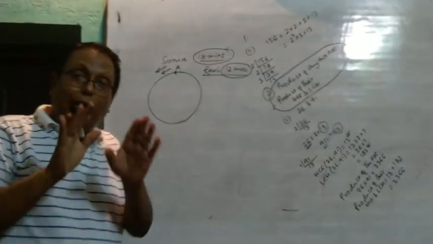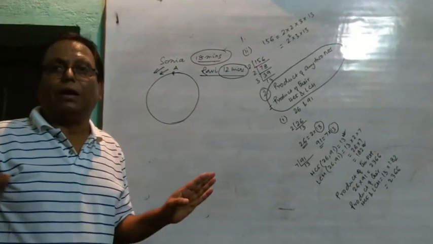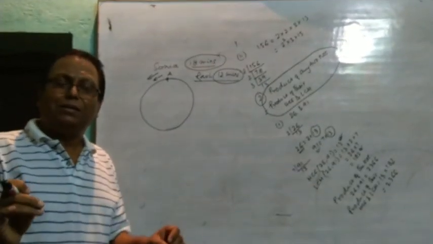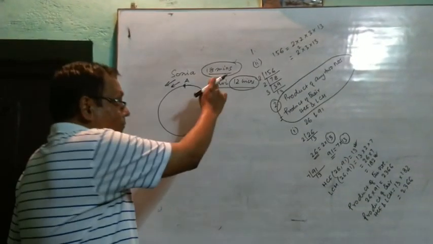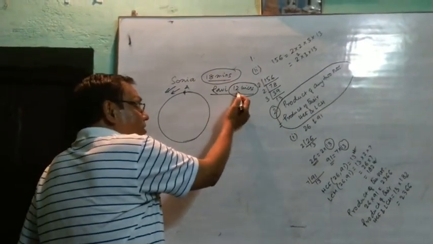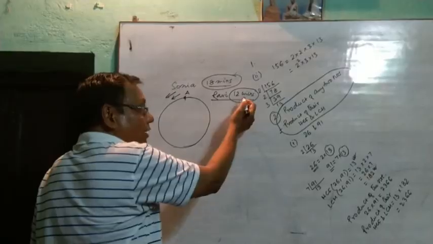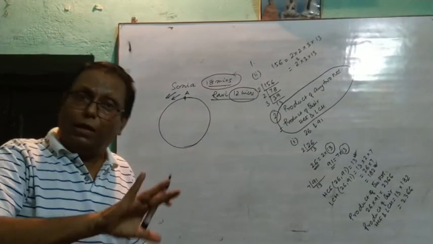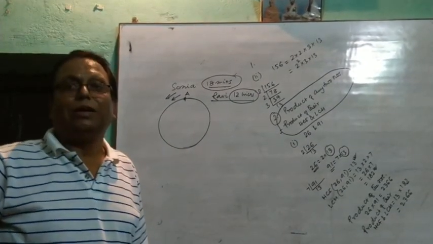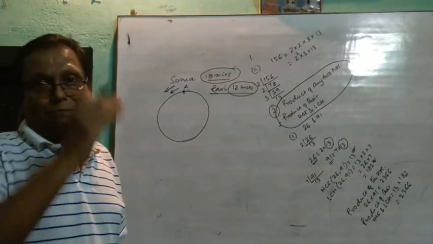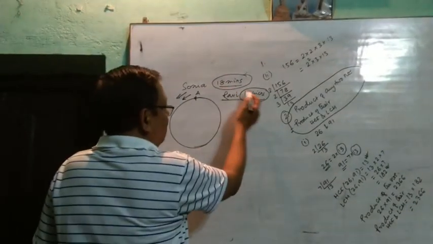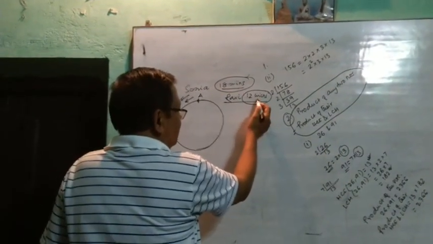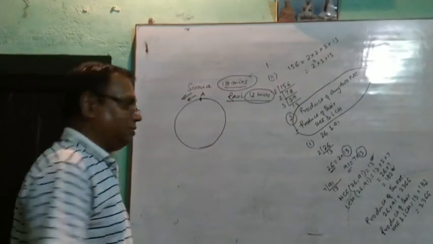So HCF will not be the required answer. They cannot meet at a time which is smaller than 18 minutes as well as 12 minutes. So if the smaller is ruled out, we are left with the LCM. And the LCM of these two numbers, 18 minutes and 12 minutes, will be the required answer.